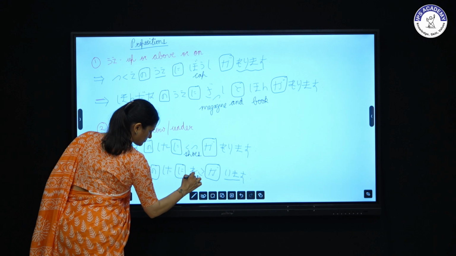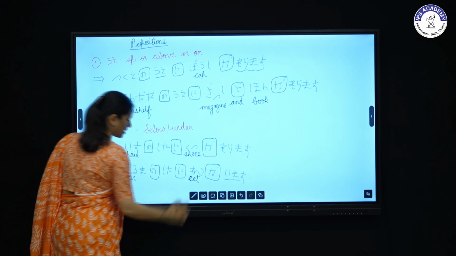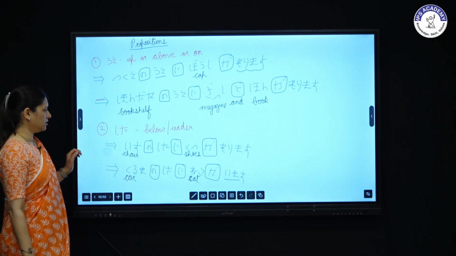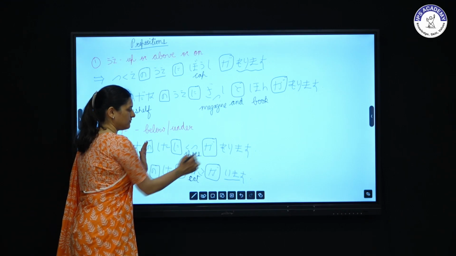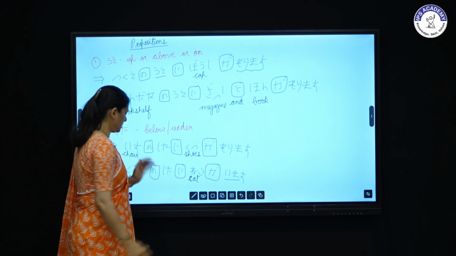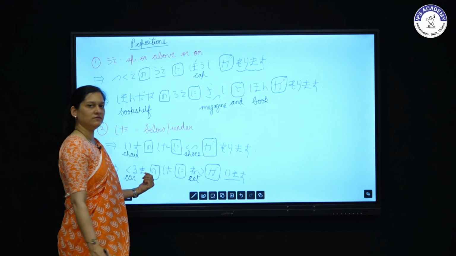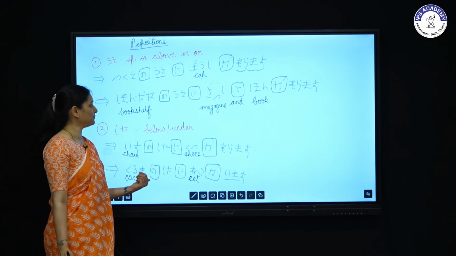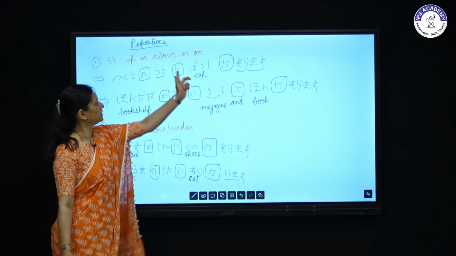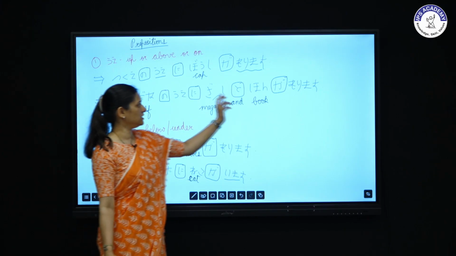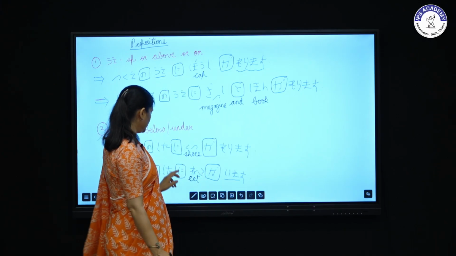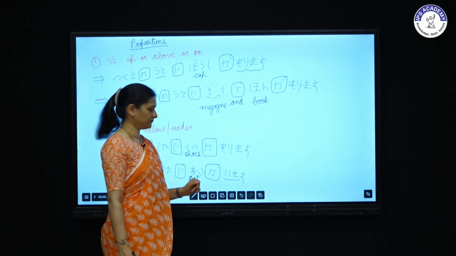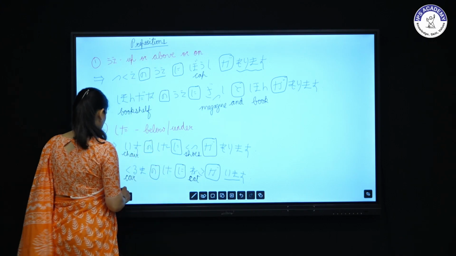See, we are just using the sentence patterns we have learned on the previous slide, and additionally we just have to use no particle. Yes, here we have used ni to ga arimasu, here ni ga arimasu, here ni ga imasu. Fine, let's go ahead.